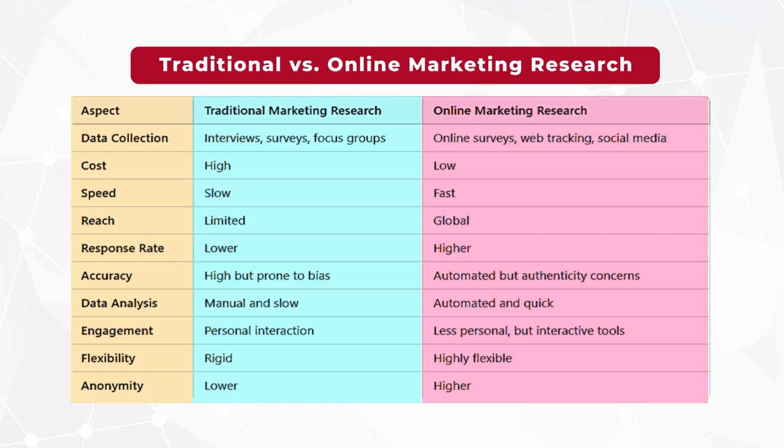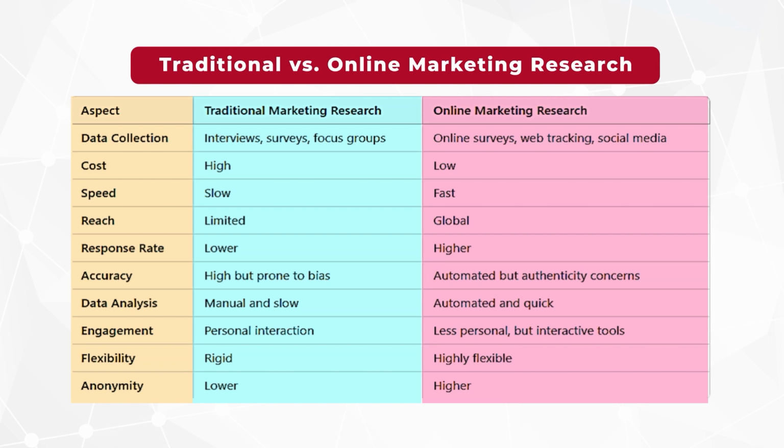But not to say, in traditional marketing research the accuracy was quite high, but it was prone to bias, because the people don't want to reveal their identity, so there might be biased responses.